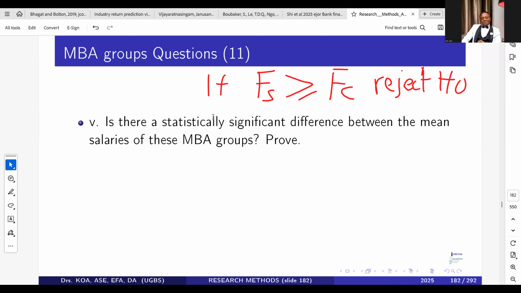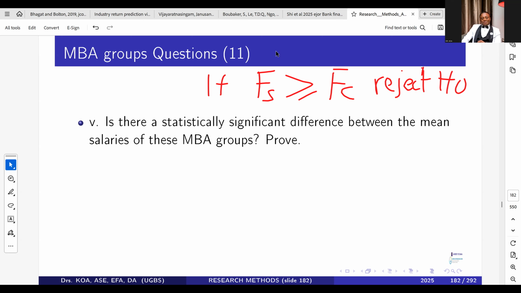So is there a difference? Of course, because the null was saying there is no difference, don't forget. The alternative hypothesis was saying, come on, one of them is different.